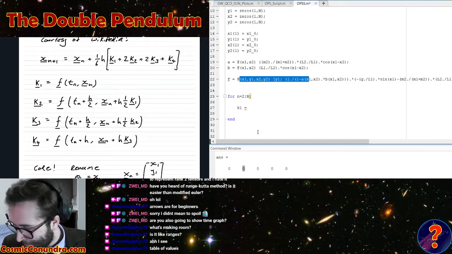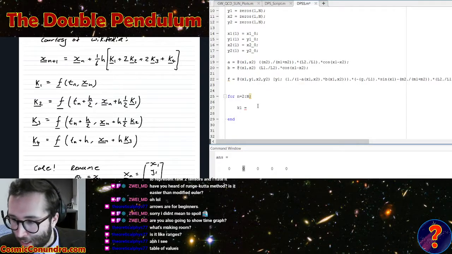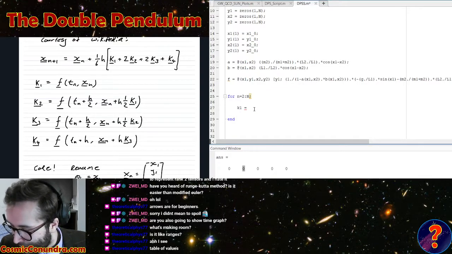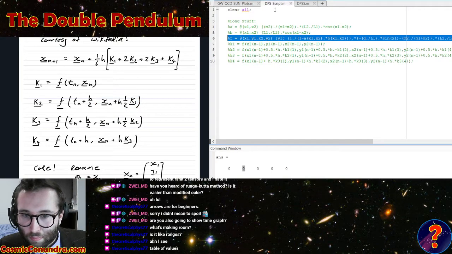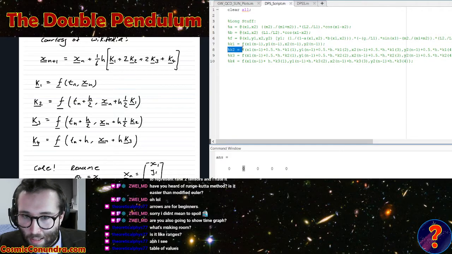Okay, so first I calculate k1. For that, I just have to take the value of the function f that I've specified at this value of x, this value of y, and so on. And that is given by this formula.